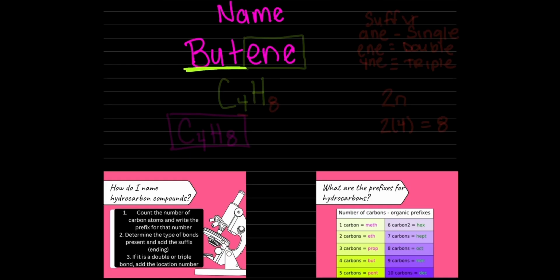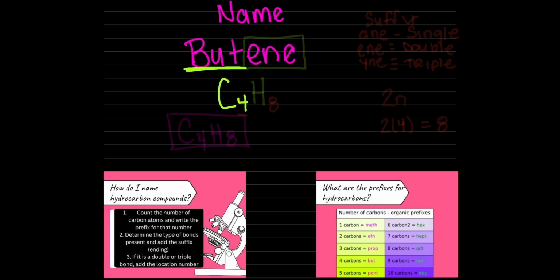When I look at the prefix first, the prefix is but. And when I look at my prefix chart, I see that but means that I have 4 carbon atoms. So I'm going to write C for my symbol for carbon, and I'm going to write the subscript 4, because my prefix lets me know that I have 4 carbon atoms.